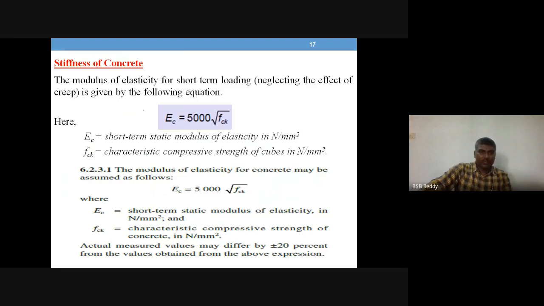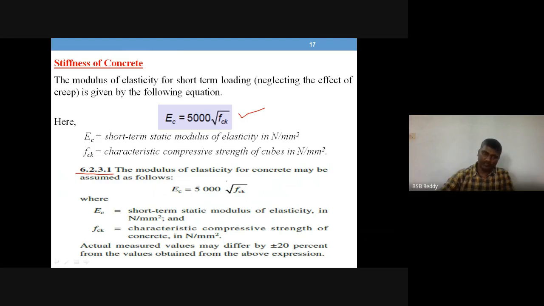And we even have an equation given by the IS code. Clause 6.2.3.1 of the IS code gives you a simple equation for estimating the modulus of elasticity, Young's modulus of concrete, in terms of characteristic compressive strength FCK. That is given by 5000 into square root of FCK.